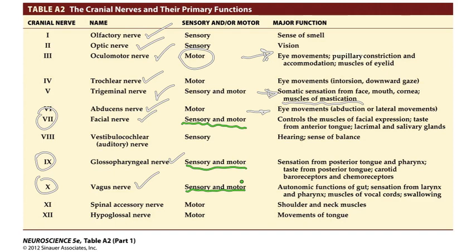Now this table is not exhaustive, but I'll just highlight some of the principal functions of each of these nerves. What I want you to take away at this point for the facial nerve is that it's involved in providing our sense of taste from the anterior part of the tongue. So that's an important sensory component of the facial nerve. An important motor component is that it is involved in governing the muscles of facial expression.